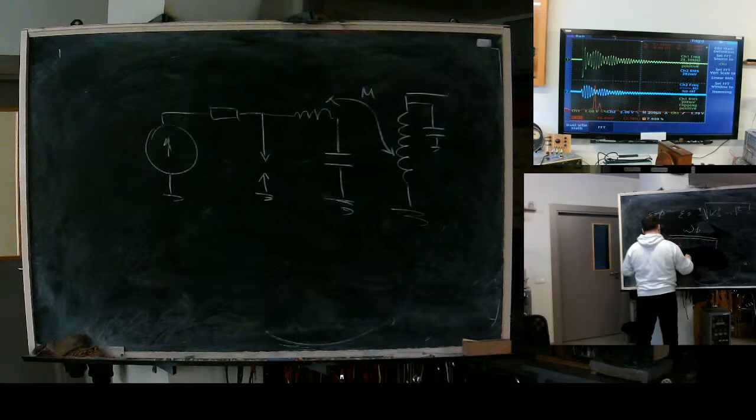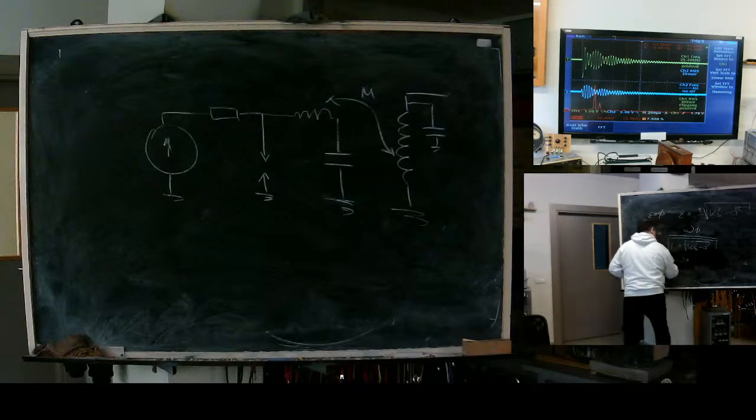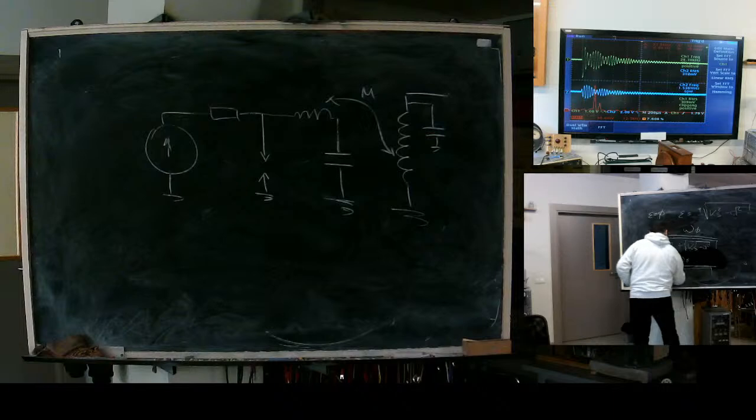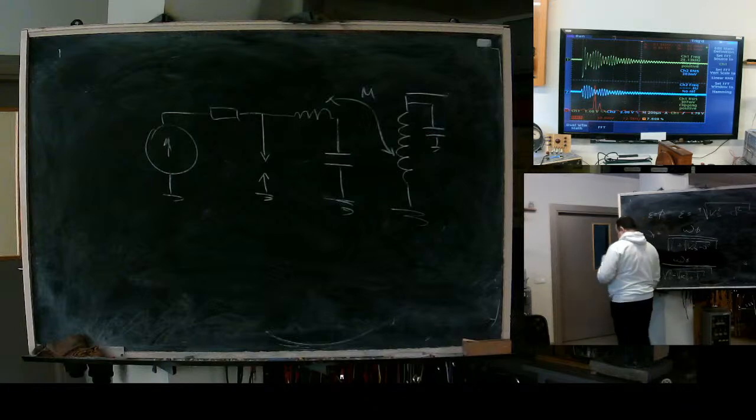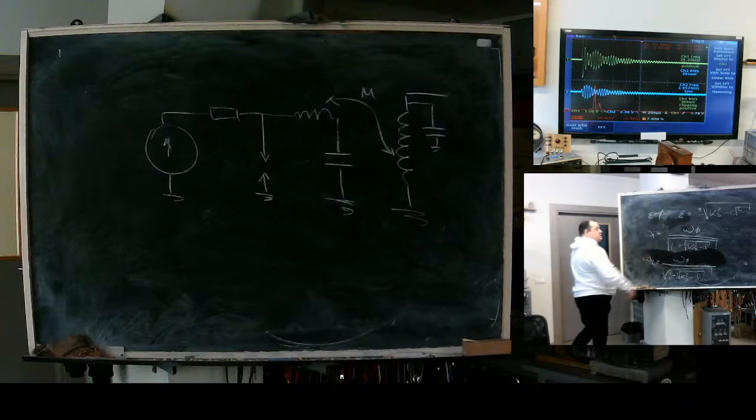One is omega 0 divided by the square root of 1 minus the square root of coupling squared minus decrement squared. The second will be omega 0 divided by the square root of 1 plus the square root of coupling squared minus decrement squared. Two frequencies. So the higher the coupling, the larger the difference between these two frequencies. What we saw.